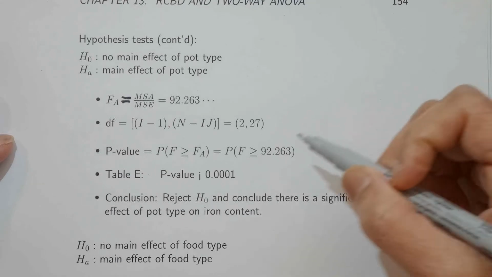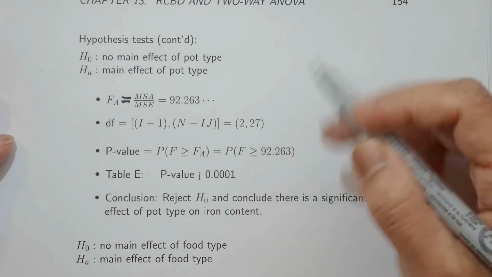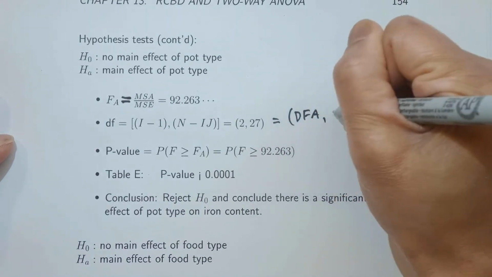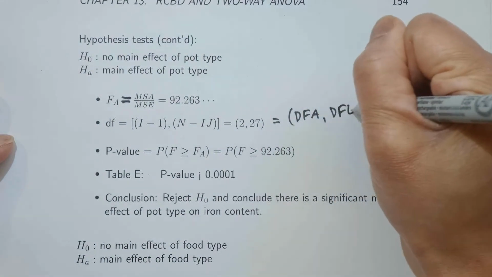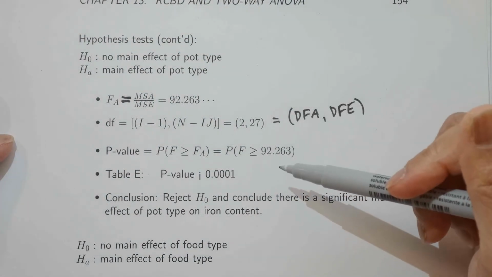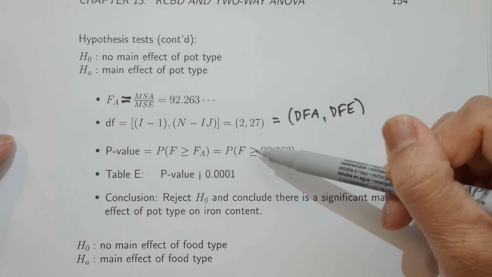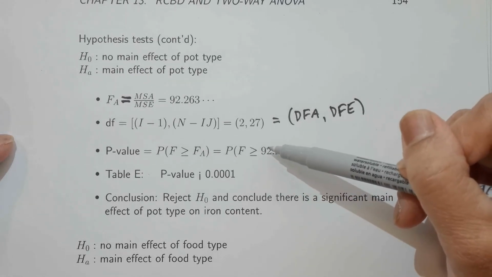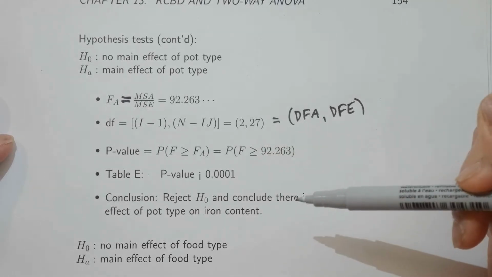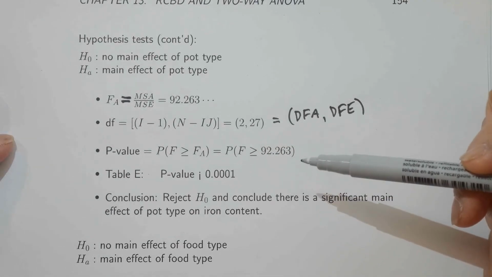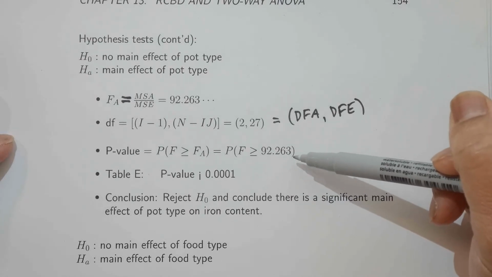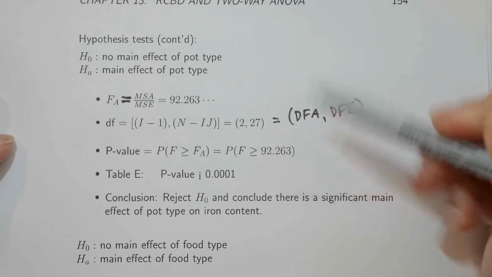92.263. Our degrees of freedom are 2 and 27. So this is the degrees of freedom A, degrees of freedom error. Our p-value is calculated by looking up the probability that an F that follows a 2, 27 degrees of freedom is greater than or equal to our observed test statistic of 92.263.